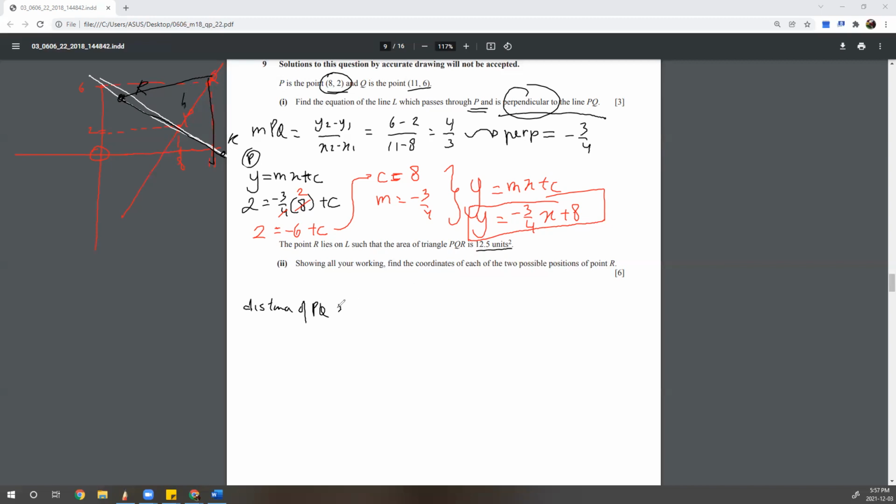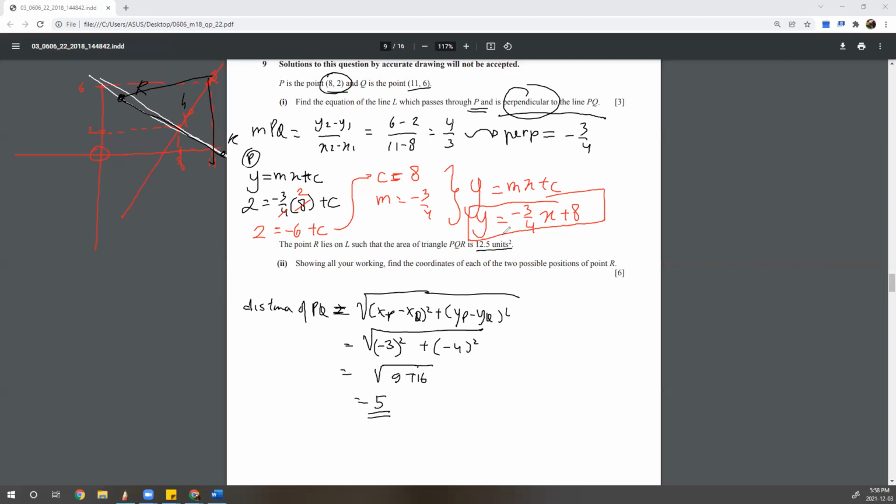The distance of PQ is equal to square root of, this is the formula of the distance. XP, 8 minus 11 squared, 3 squared, I just make it fast, plus YP minus YQ, 2 minus 6, 4 squared. Whoa, 5, because square root of 9 plus 16, 25 is 5. So the distance of PQ is 5.